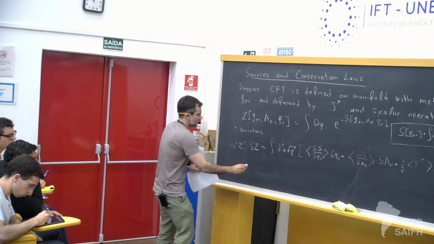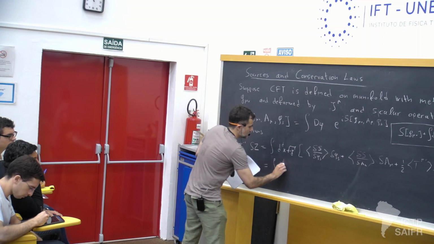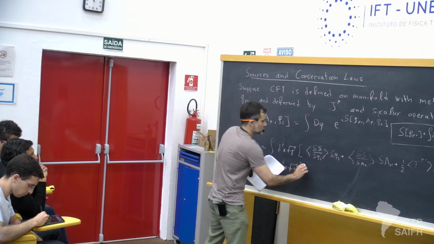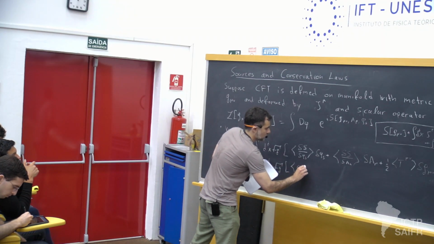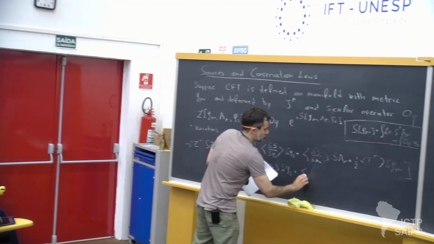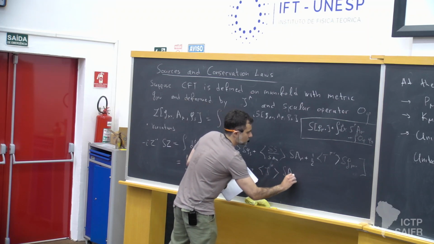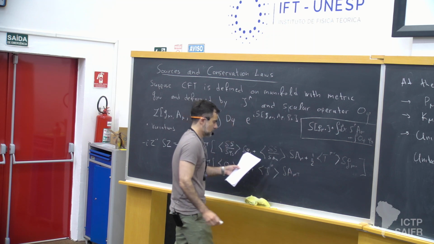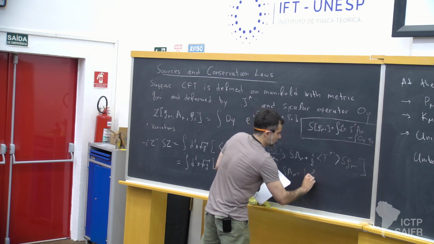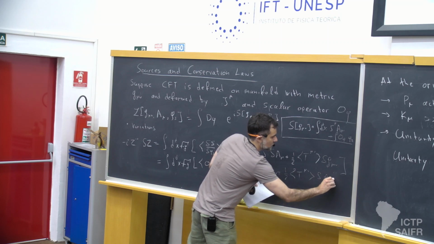Okay, so if I keep going, I can write this as an integral. That will be the expectation value of the operator phi times delta phi s, plus the expectation value of this vector j mu times delta A mu, plus 1/2 times the expectation value of the stress tensor times delta g nu nu.